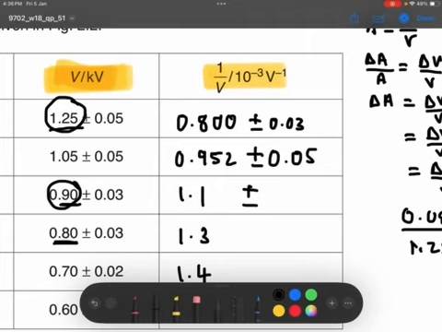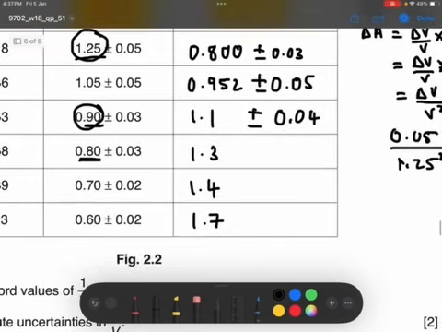This gives me 0.04. Then the next one is 0.03 divided by 0.8 squared. That gives me 0.05. Then the next one is 0.02 divided by 0.7.